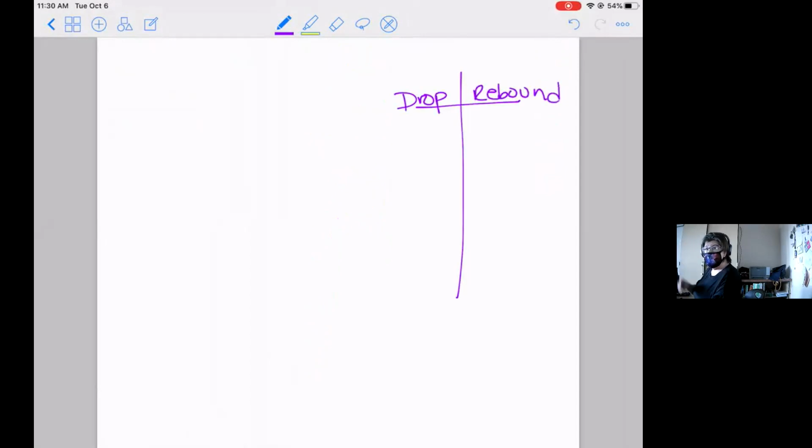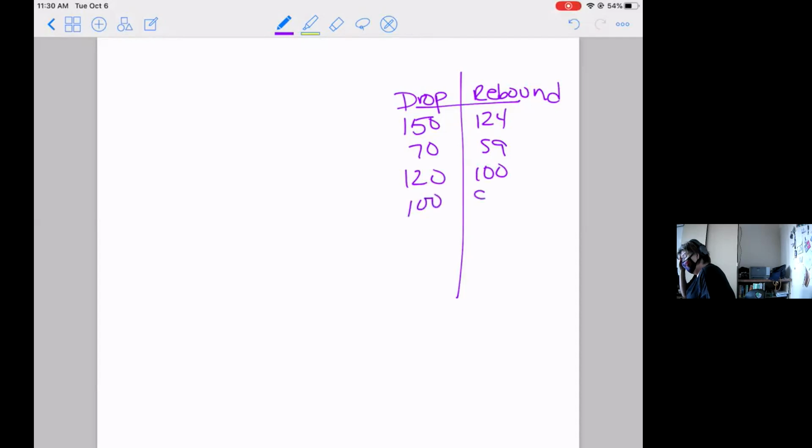They just bounced it from different heights. So from a drop of 150, it dropped to 124. 70, 59, 120, 100, 183, 110, 92, and 40, 33.